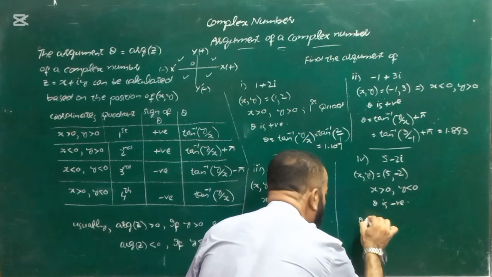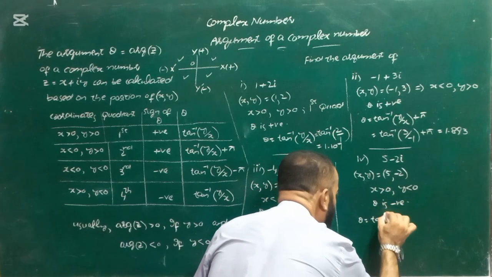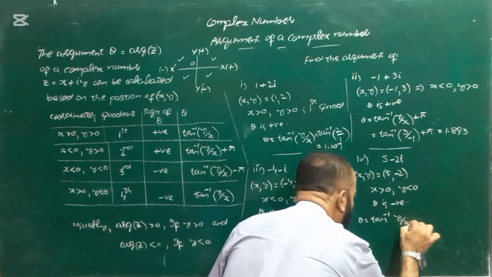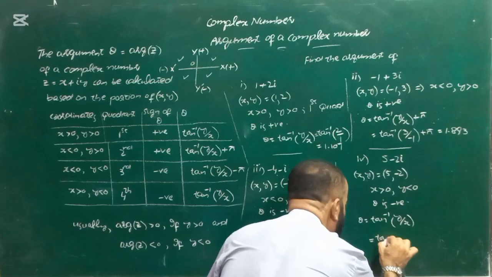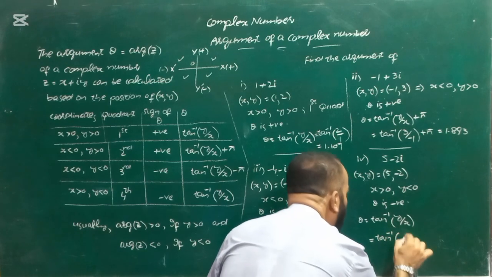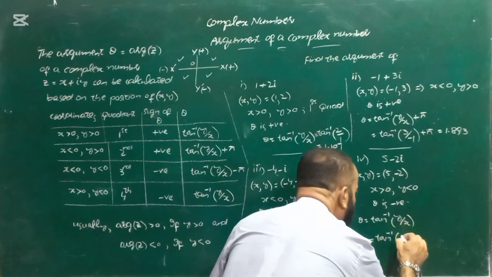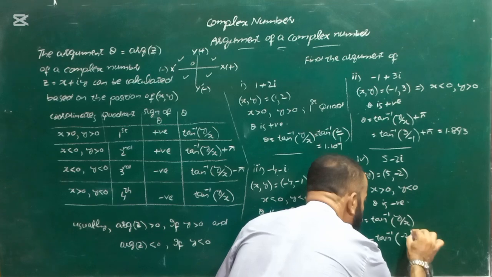Theta will be equal to tan inverse y by x. So tan inverse, y is -2, x is 5.